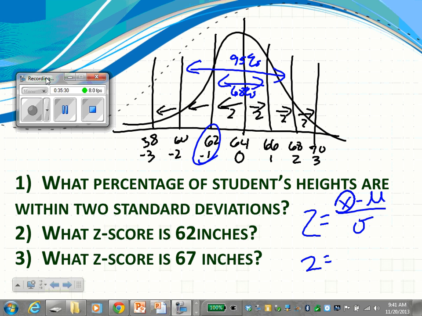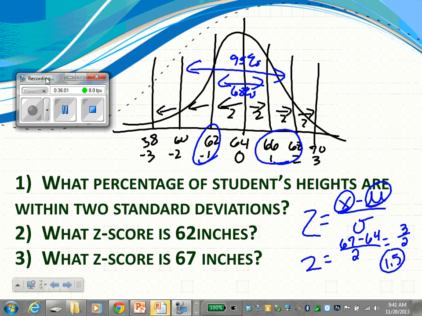Do you know the data value? 67. Do you know the mean, the mu? 64. Do you know the standard deviation, which is 2, and then you just work it out. 67 minus 64 is 3, and 3 divided by 2 is 1.5, which is what y'all told me, that it would be in between there. So sometimes you need the formula, sometimes you don't.